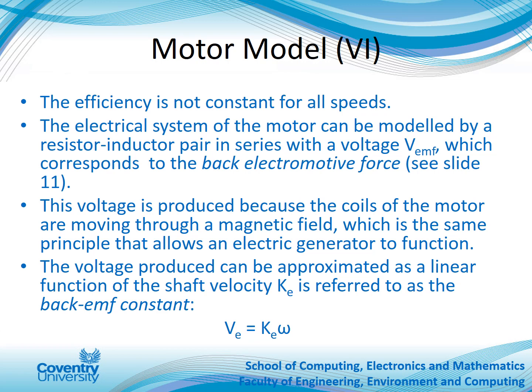Those of you who haven't done generators before, if you've come from a more electronic background, there's some information on the course web that can help you there, but I'm not going to repeat that content here. This voltage can be approximated as a linear function of the shaft velocity, with constant Ke, so we can relate the back EMF to the shaft velocity by Ve is equal to Ke times omega.